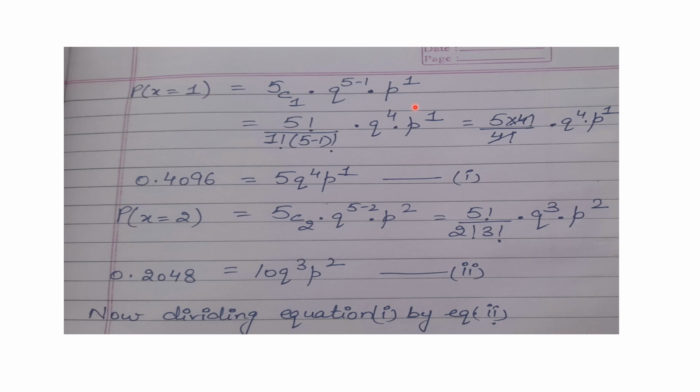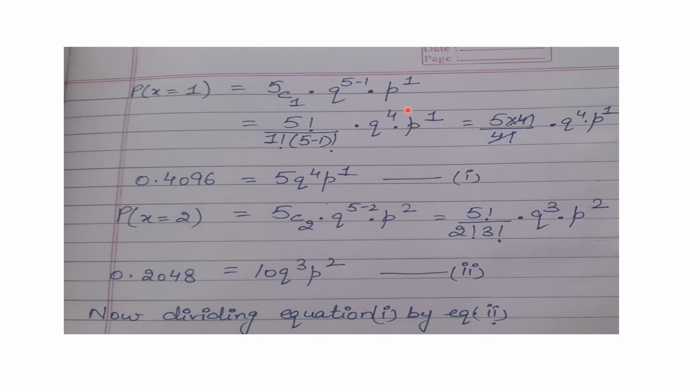In this question they are asking for calculating the value of parameter p. So until now we don't have the value of p and q, and we are doing all these calculations for calculating those parameters or those values.